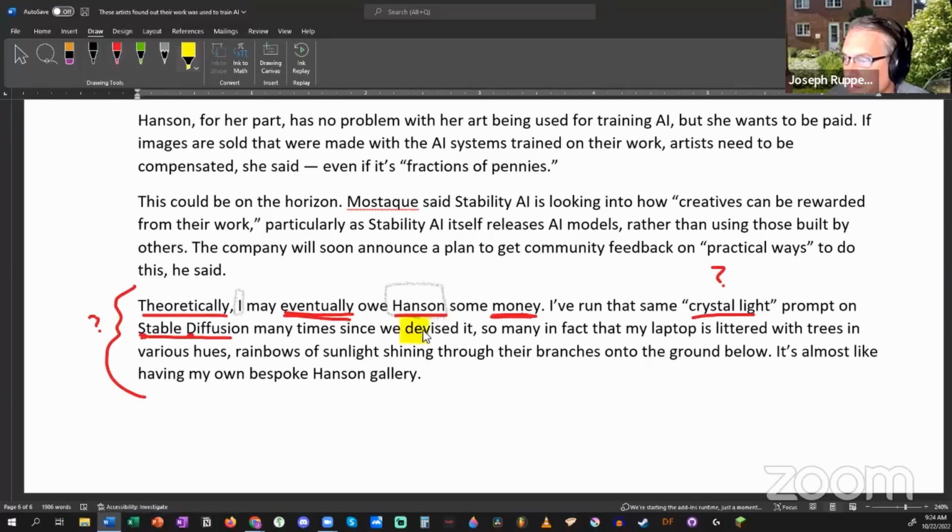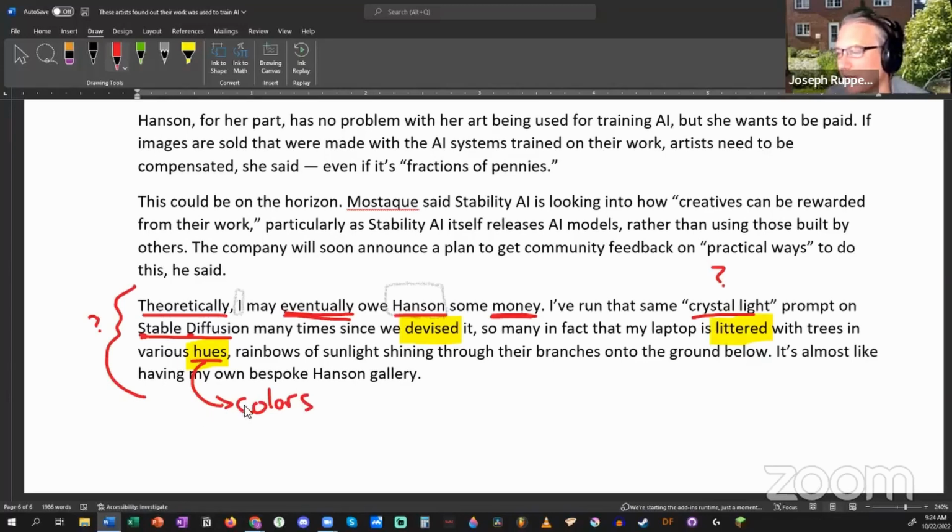That's a good word there, devised. So many, in fact, that my laptop is littered, it's another good word, with trees in various hues. Hues, as far as I understand, and I might be wrong here, is just another word for colors, various hues, so various colors.